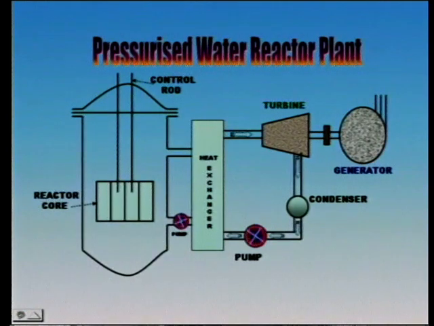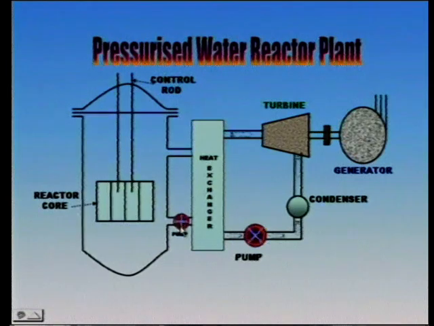Now, if we compare the boiling water reactor as well as the pressurized water reactor plant, in boiling water reactor, the water is converted to steam in the reactor itself, whereas here the steam is generated in the heat exchanger, isn't it?